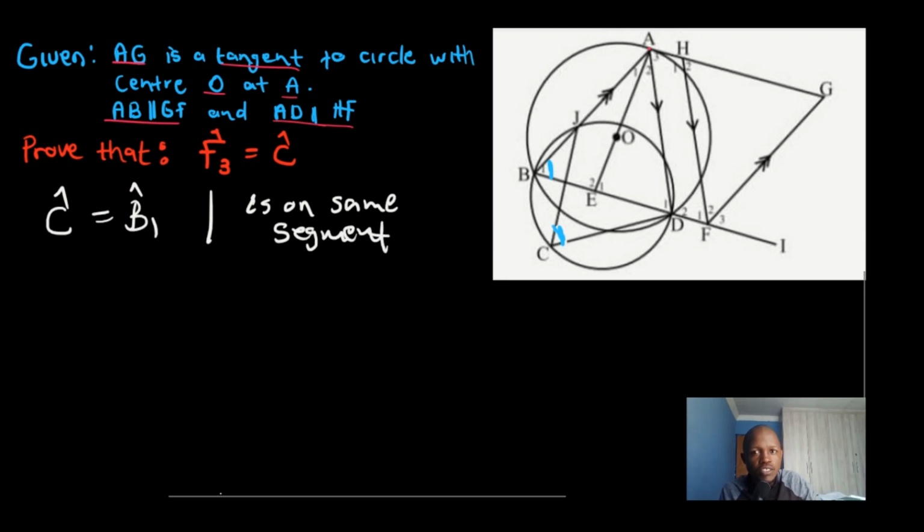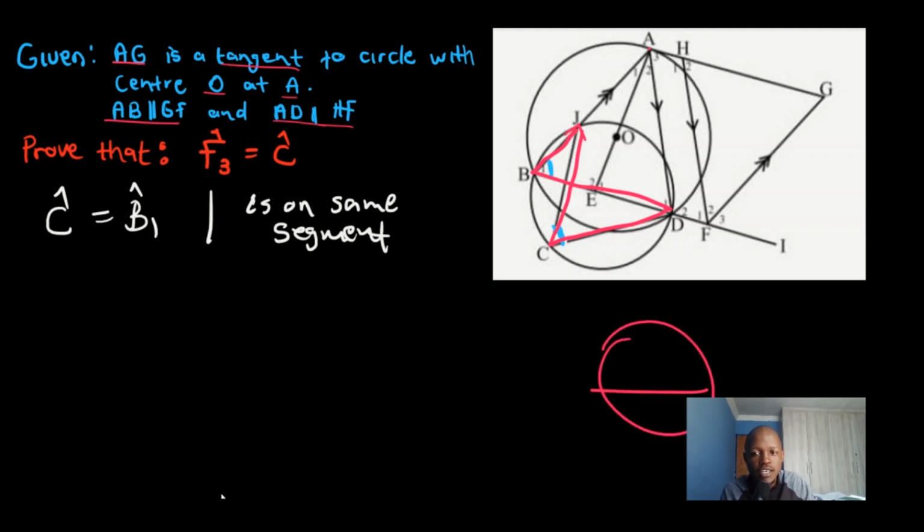Right, we all can see the segment. It's this one here. So the segment obviously is not what I'm drawing here. By the way, we all know the segment. If you have a circle and there's a chord here, this is a minor segment, and this here is the major segment.